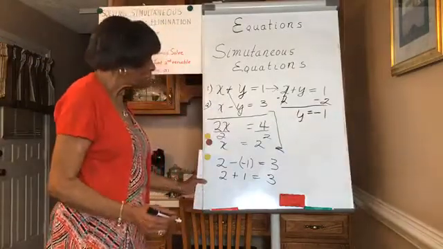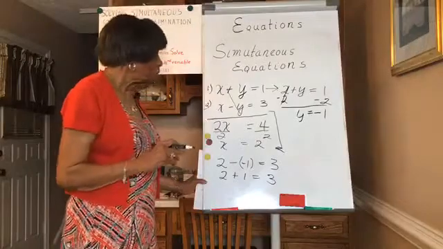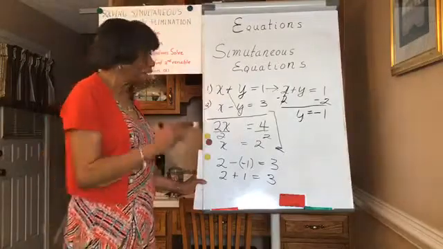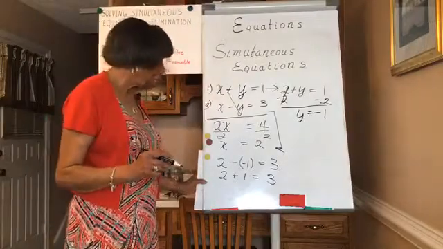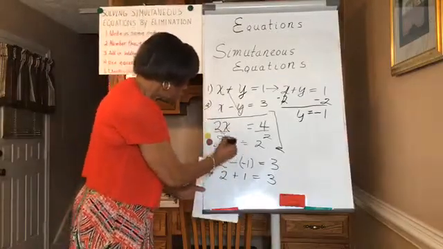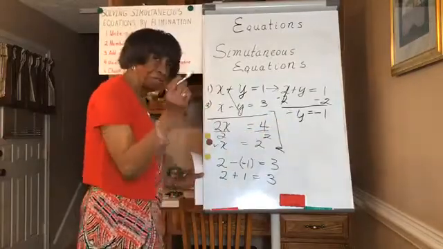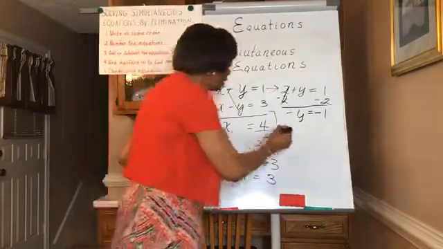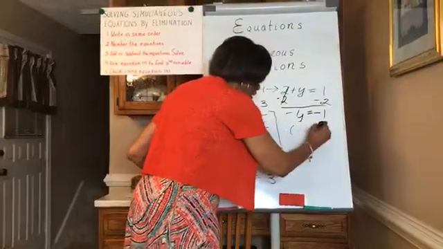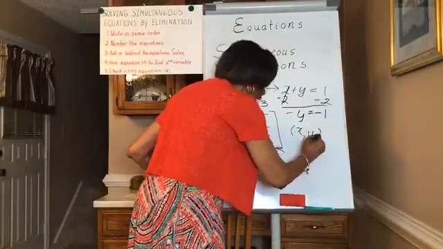All right, so we have solved these equations, and we know now that x equals 2 and y equals negative 1. And this is the way we show that. We show it like x comma y.